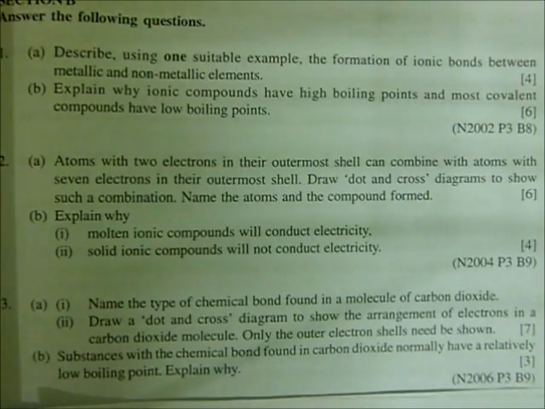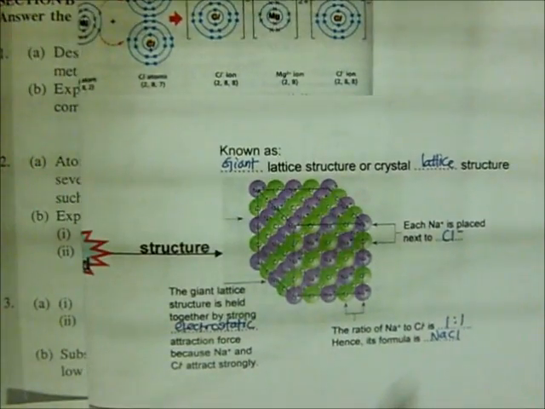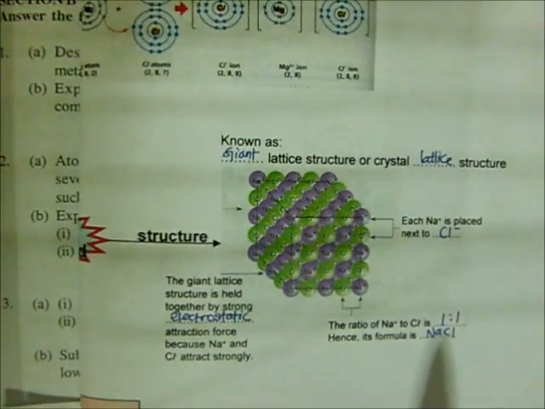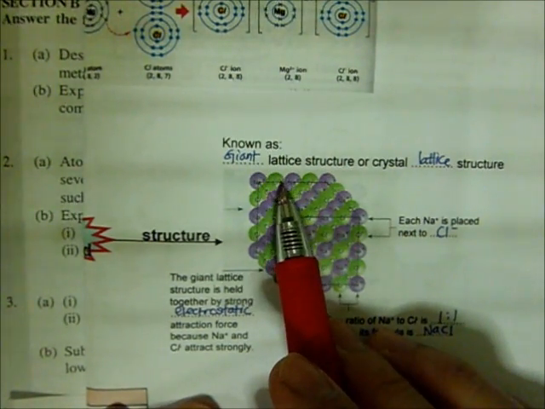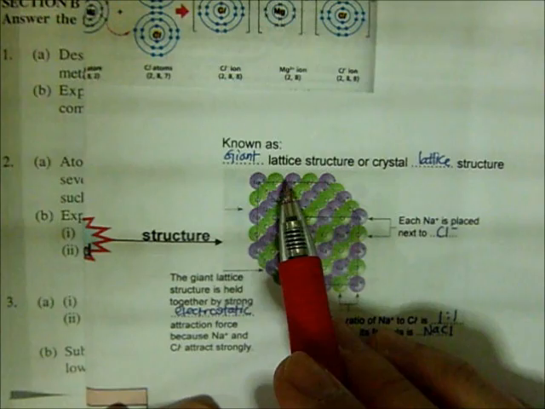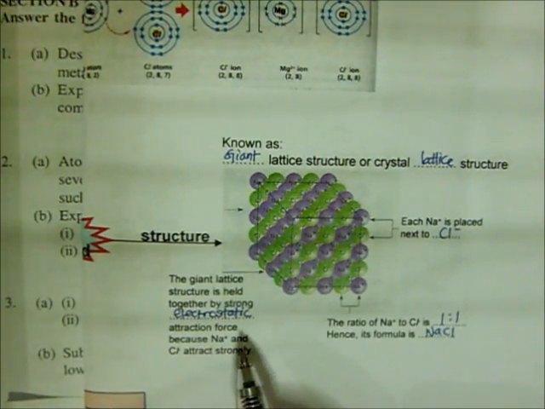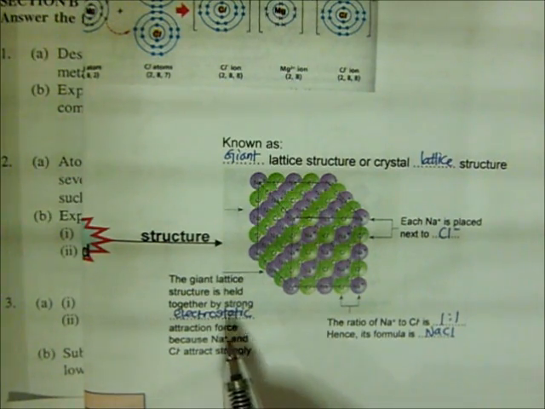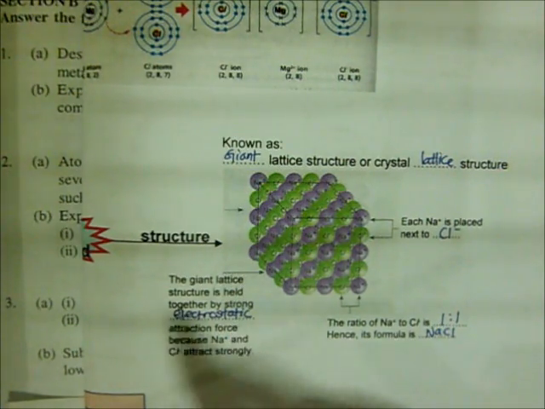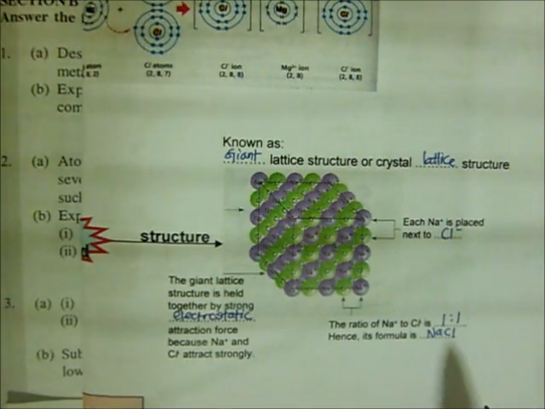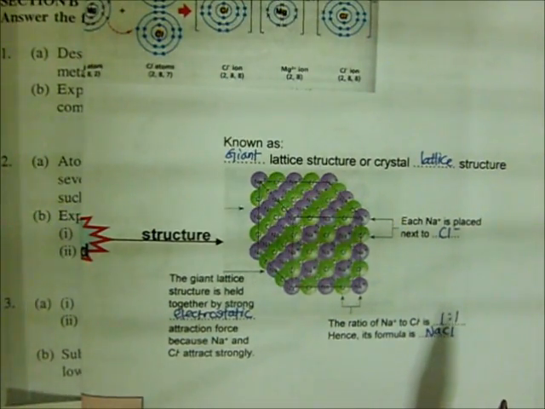Now, this is because ionic compounds consist of, this is from your ionic bond mind map, positive and negative ions held together by strong electrostatic forces of attraction. Okay, and these electrostatic forces of attraction are very strong. Therefore, a large amount of energy is required to overcome the force, and because of that, it has high boiling point.